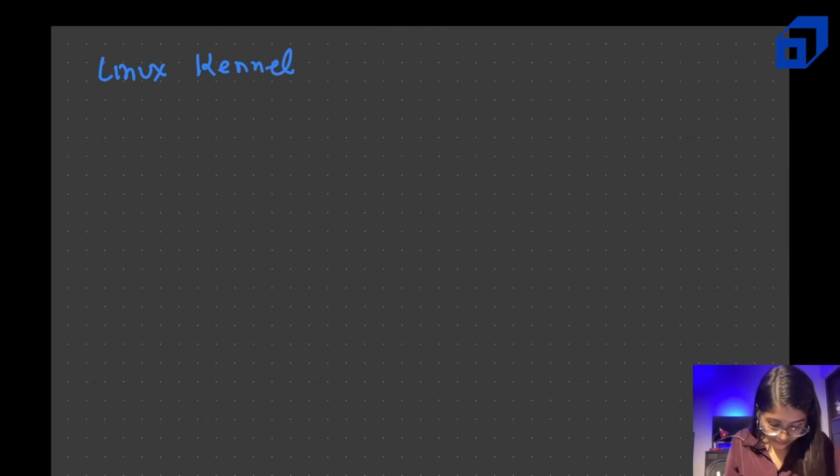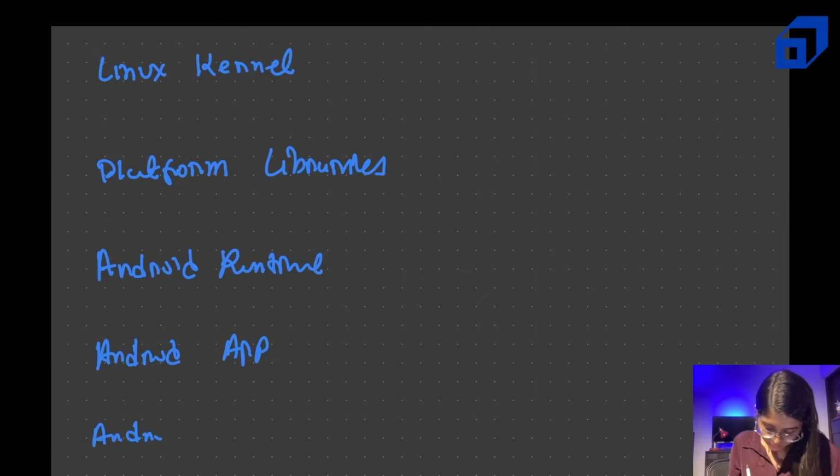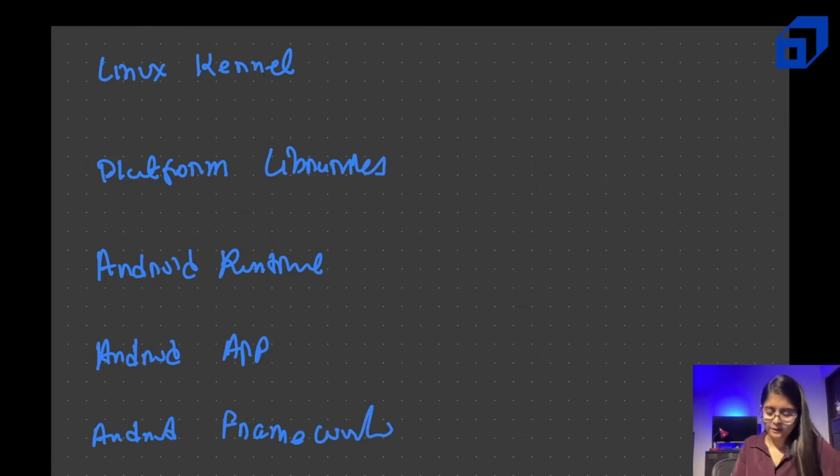Then you have platform libraries, Android runtime, then Android applications, and finally the application framework. These are the 5 components which you must know by name.